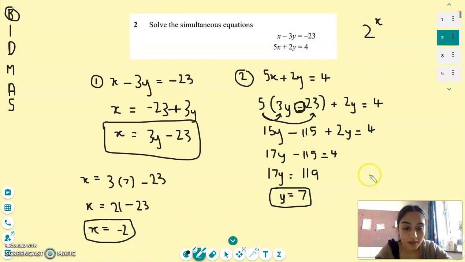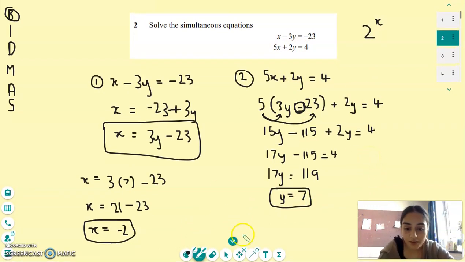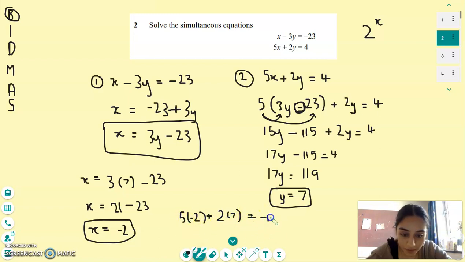So if we check, we can say 5 times minus 2, plus 2 times 7, and that's minus 10 plus 14, and yeah, that equals 4. Therefore, we know our answer is correct, and you can move on to the next question in your exam.